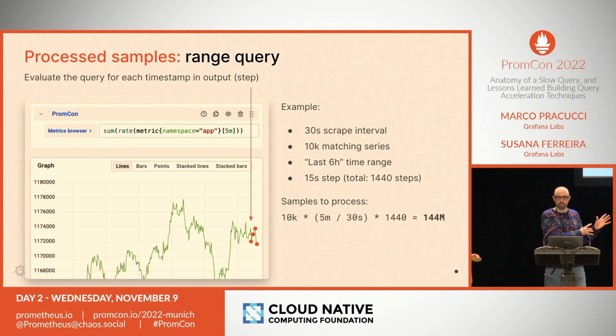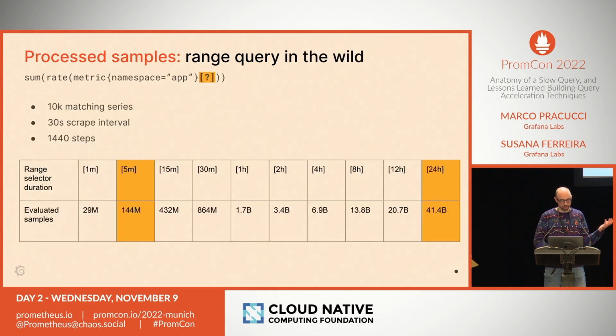Again, it's very fast to process 100 million samples in PromQL, but sometimes we see some wild queries. Just as an example, if instead of 5 minutes you put a bigger time interval in your range query, the number of samples to process just increases linearly.